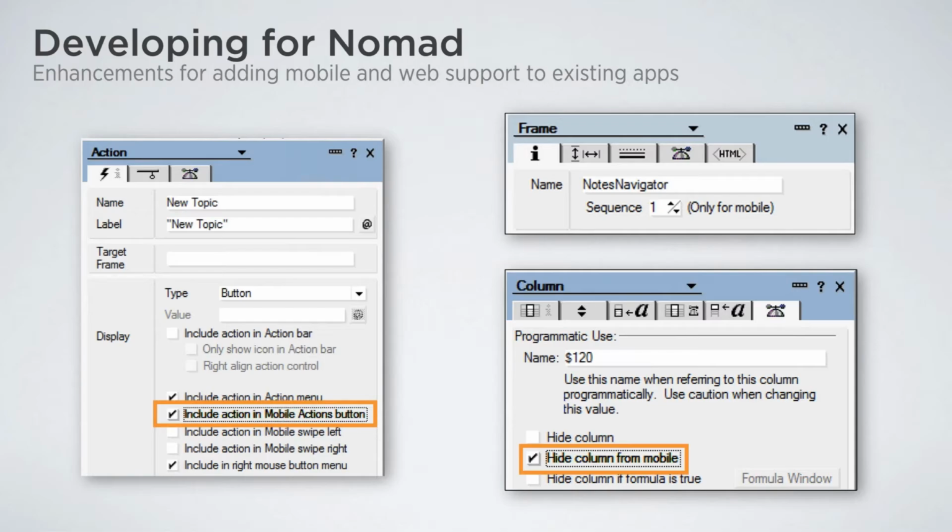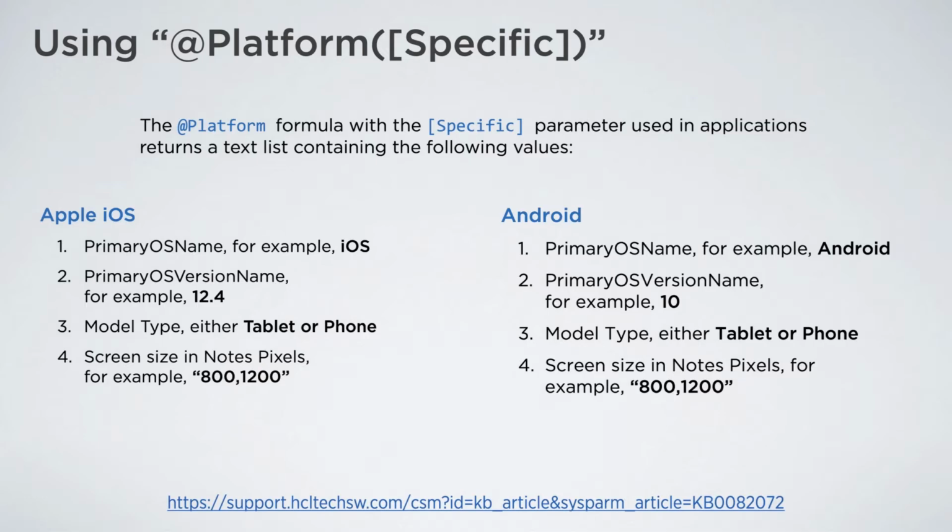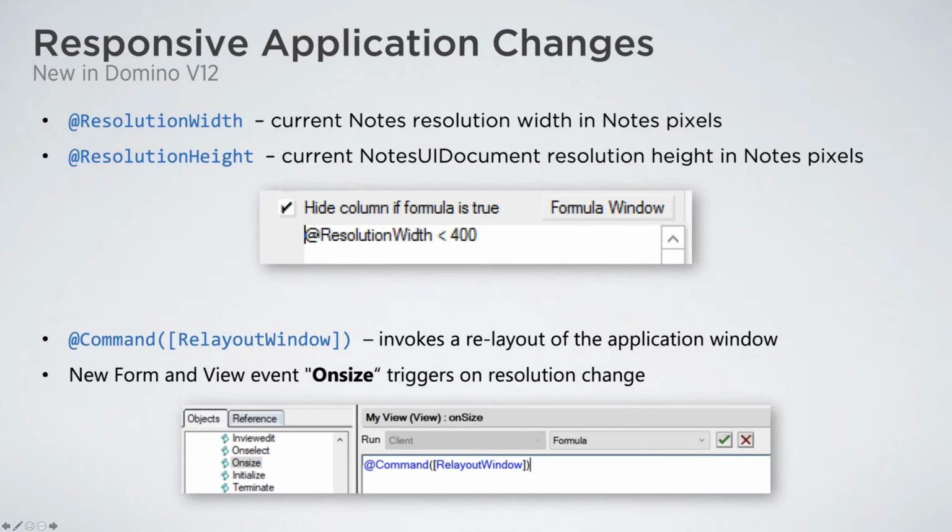On a small screen, you often do not want to display all columns, all rows, and all fields in the form. That's why we introduced checkboxes to hide or show some action buttons, columns, and so on, or even ways to calculate the screen resolution via a platform command.